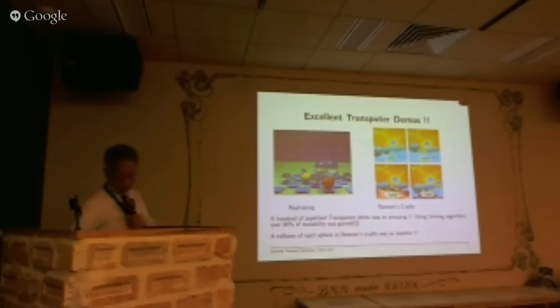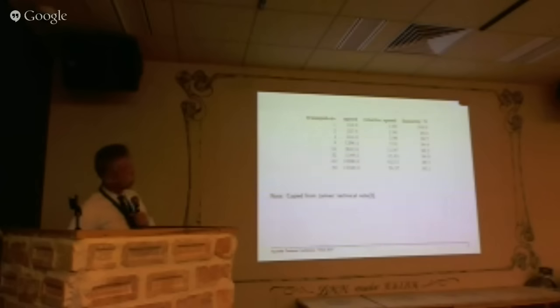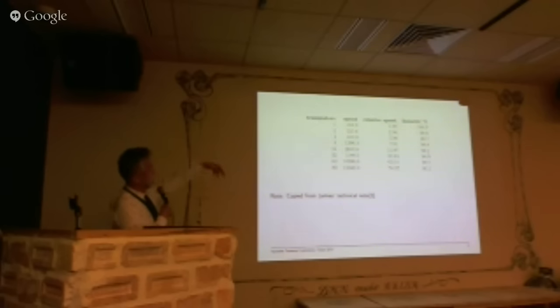And one thing is very important. Sorry, this slide is broken because I copied this data from the dataset. The important thing is the number of transputers is listed at the left side, up to 80.